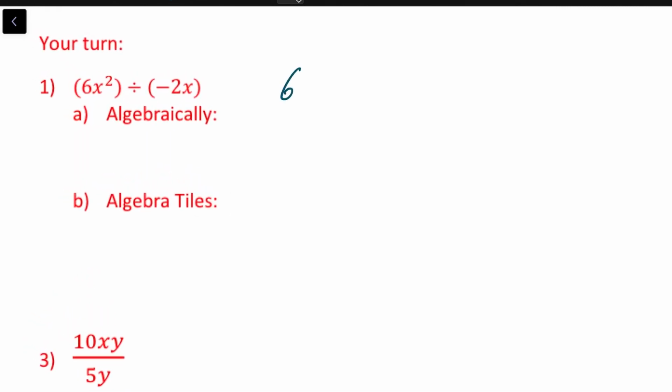I have 6x, and I'm going to expand the 6x squared into 6xx, and then divided by negative 2x. Okay, I got some coefficients here I can divide. 6 divided by negative 2 is equal to negative 3.